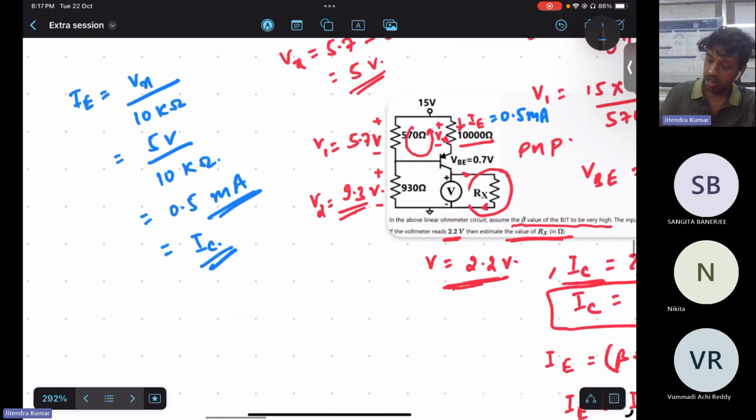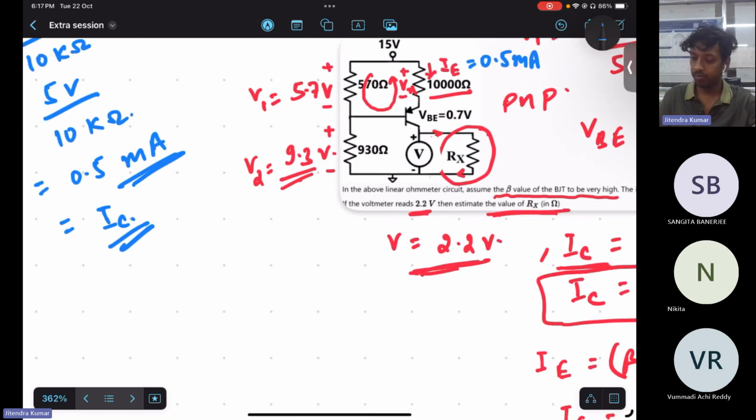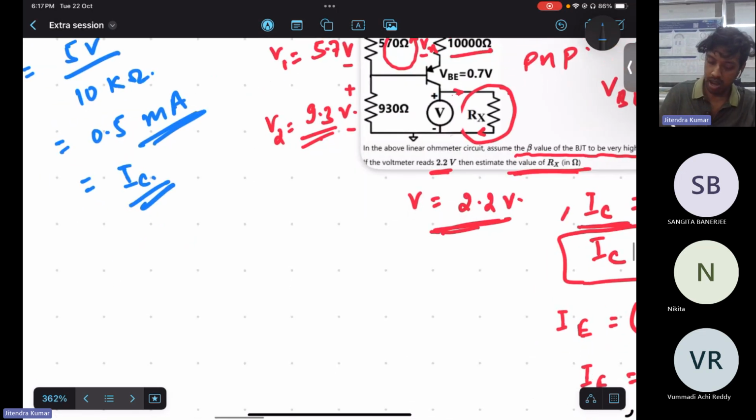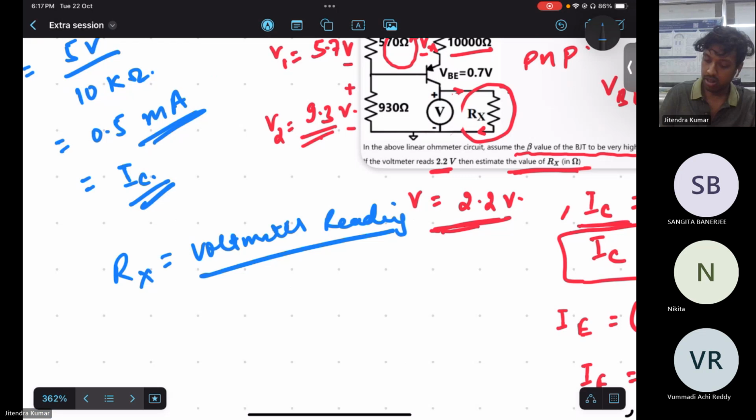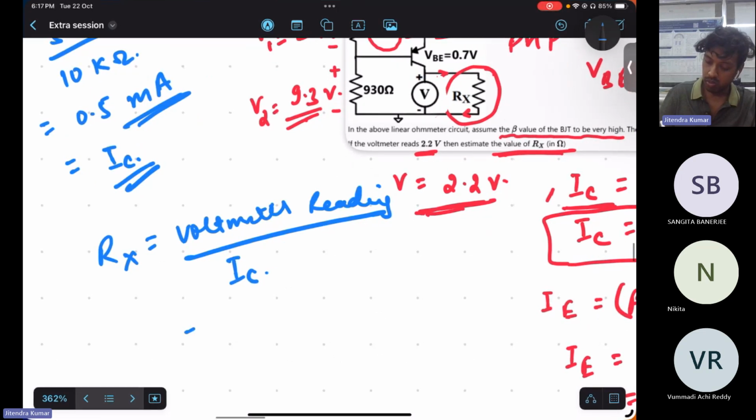Okay. And now we have all the values: IC and this voltmeter reading. So can we calculate the Rx value? Rx will be this voltmeter reading divided by this IC, which will be 2.2 volt divided by 0.5 milliamp.